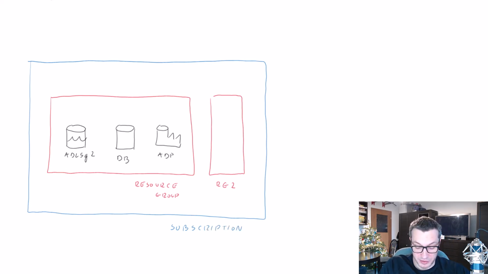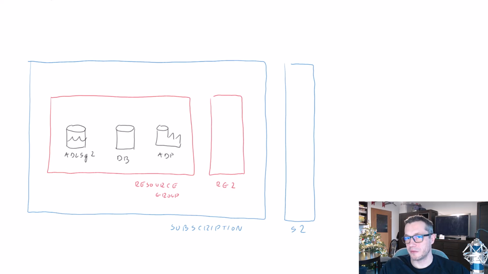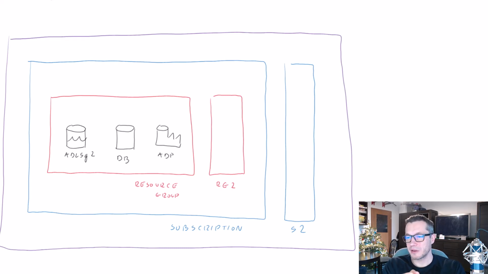And we can have multiple subscriptions if that's what we need, like subscription 2, 3, 4. Maybe we have one for dev, one for UAT, one for prod, or maybe we have a subscription per business unit. It depends. And then we can also organize our subscriptions into something called management groups, just to have a better hierarchy of our objects. So this purple rectangle is a management group.